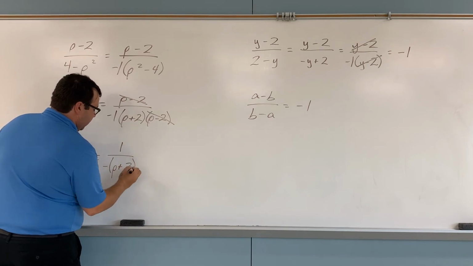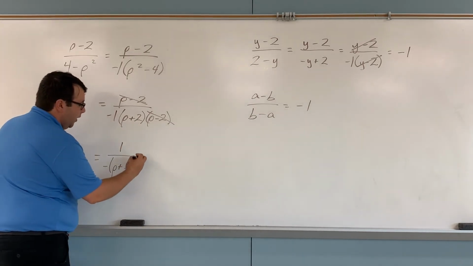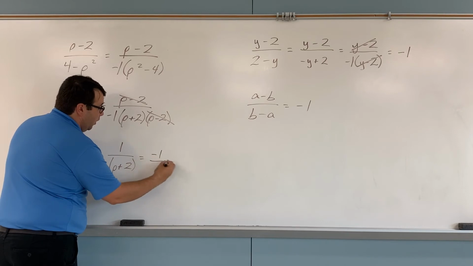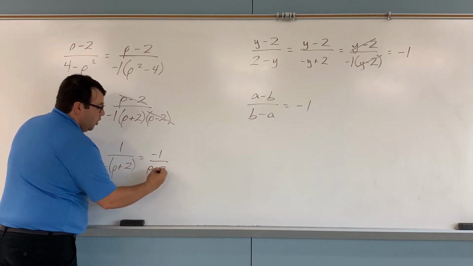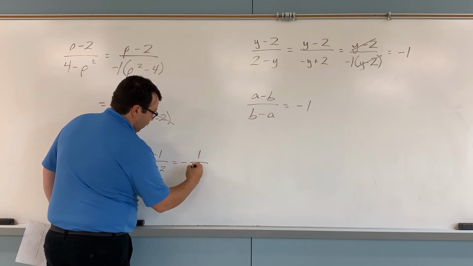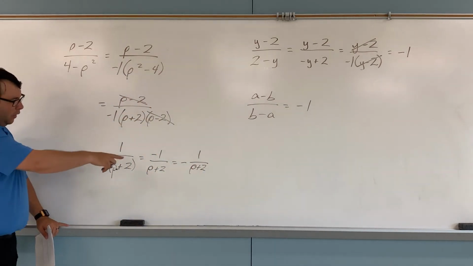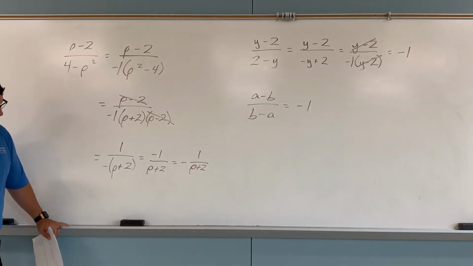P plus 2. There we go. So I have 1 over negative p plus 2. Alternatively, remember you can write this as a negative 1 over p plus 2, or you could write it as a negative 1 over p plus 2 like this.